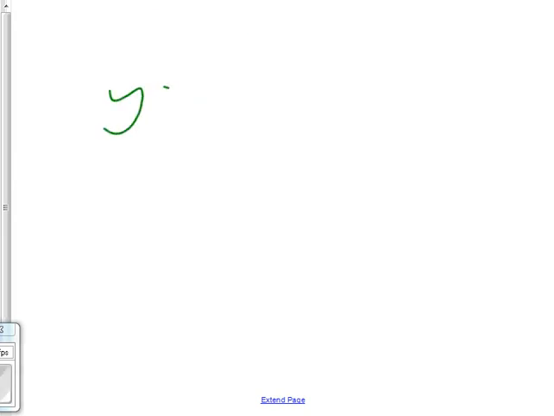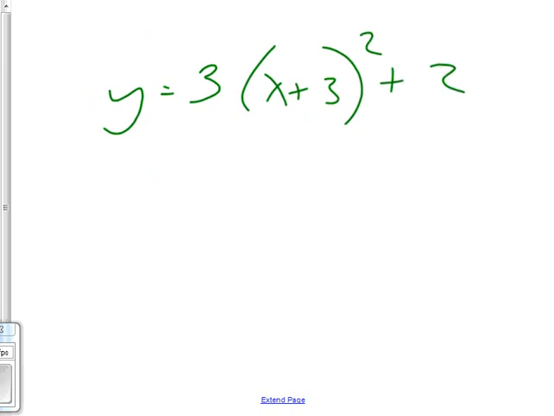Now, just a side note, if I had this, and let's make it some other number than 3, like that 1, do you get that that one's going to move 1 to the left and up 2, and get stretched 3 times as tall? Okay. So it's the same exact thing if I had an inverse sine of that.